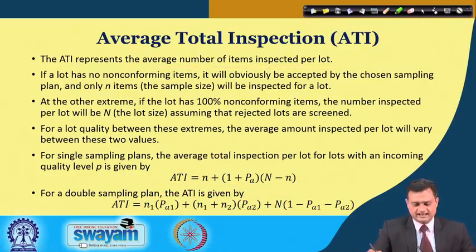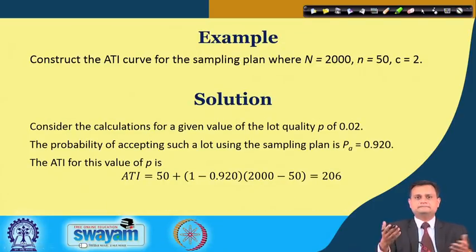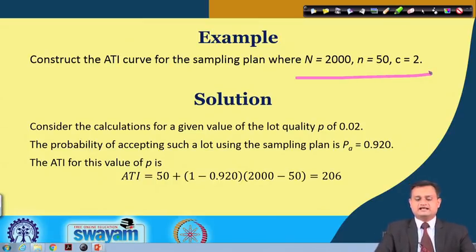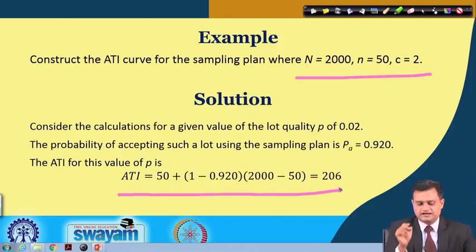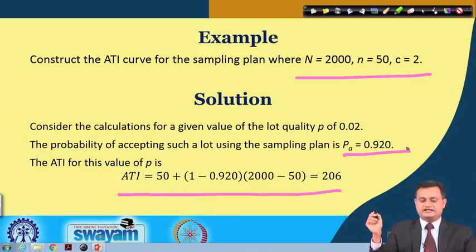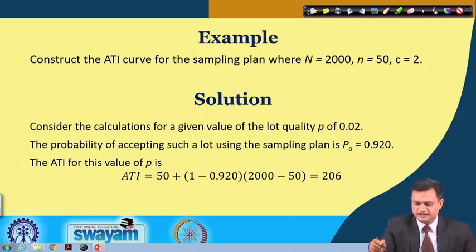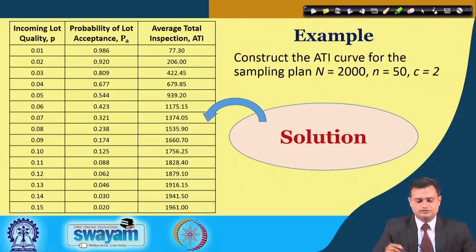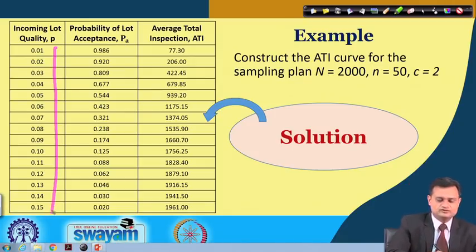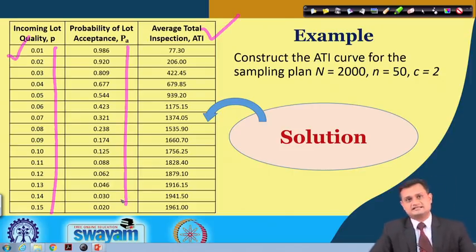When you analyze this data, let us say N is equal to 2000, n is equal to 50 and c is equal to 2, I can just plug the values into my equation. So, 50 plus (1 minus 0.920), where PA is 0.920, times (2000 minus 50). I can plug in these values and compute a series of values of ATI for the incoming quality and probability of acceptance.